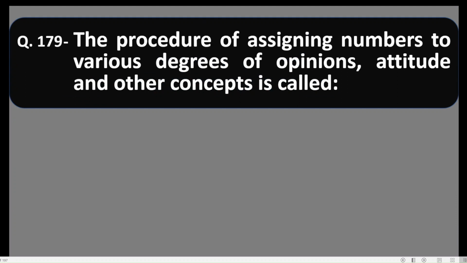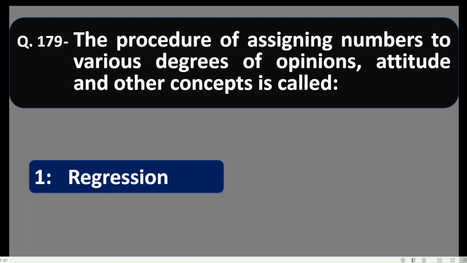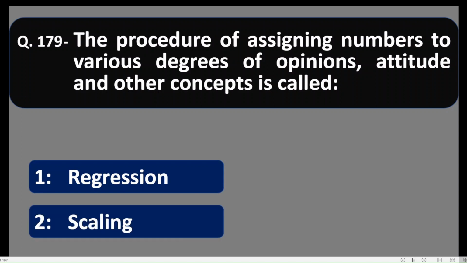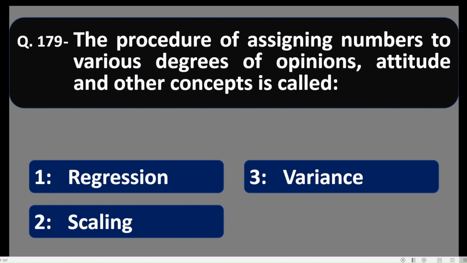Question 179. The procedure of assigning numbers to various degrees of opinions, attitude, and other concepts is called. Degrees of opinion, attitude, and other concepts, what is it called? Number 1, regression. Number 2, scaling. Number 3, variance.